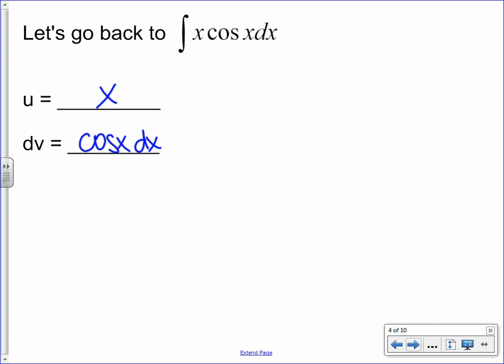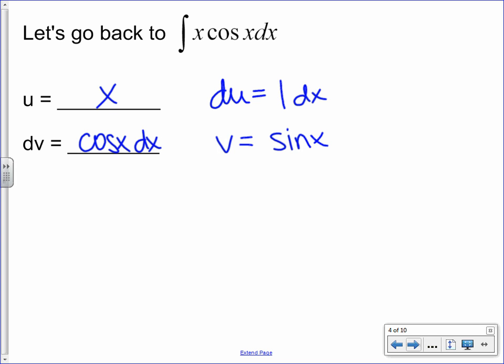So this would mean du is what? One. dx. And v would be sine of x, plus C. Okay, we'll worry about this plus C later. Is that okay?